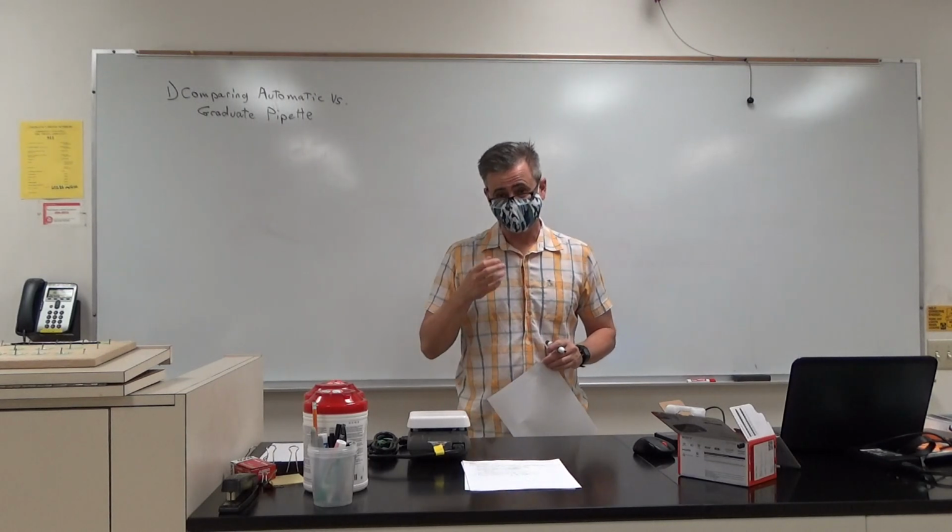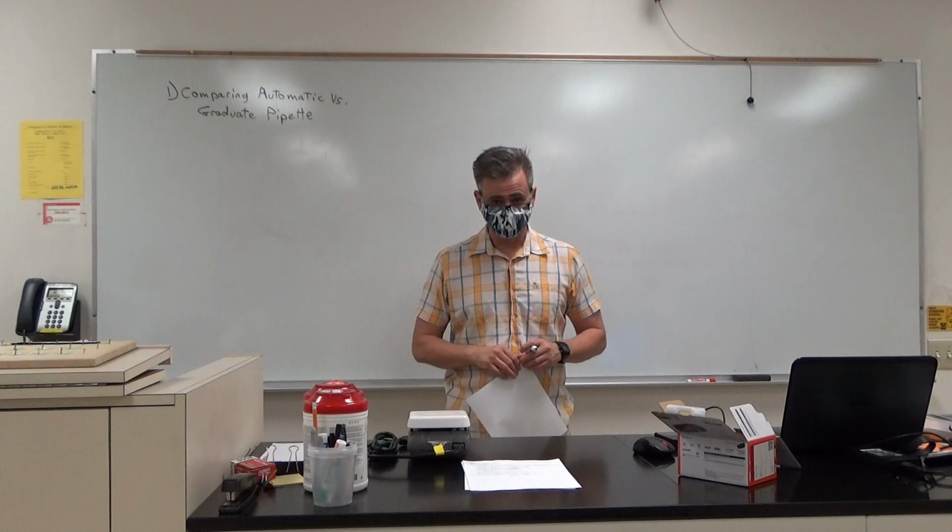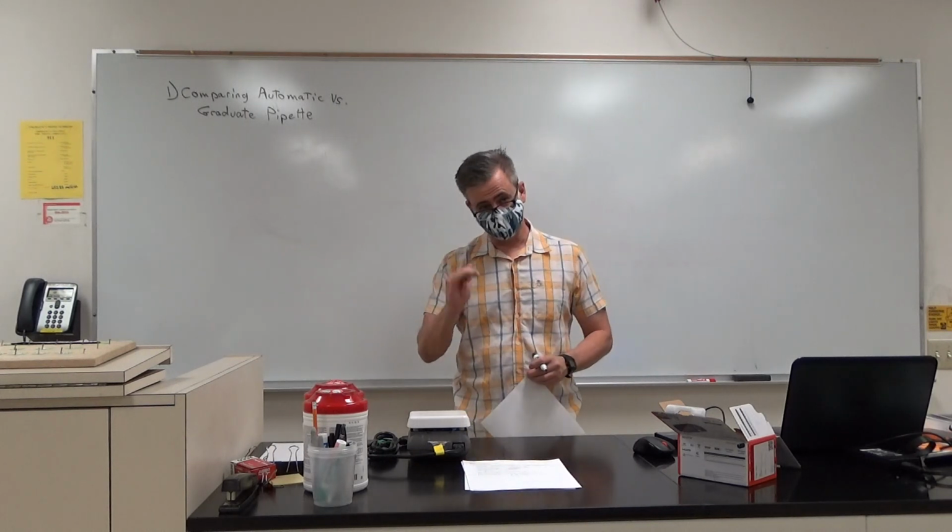Accuracy, remember, is how close something is to the quote-unquote real value out in the world. Today we're trying to dispense half a milliliter of liquid, and there is a hypothetical perfect half a mil to infinite significant figures. How close are we going to get to that imaginary, idealized, perfect value?